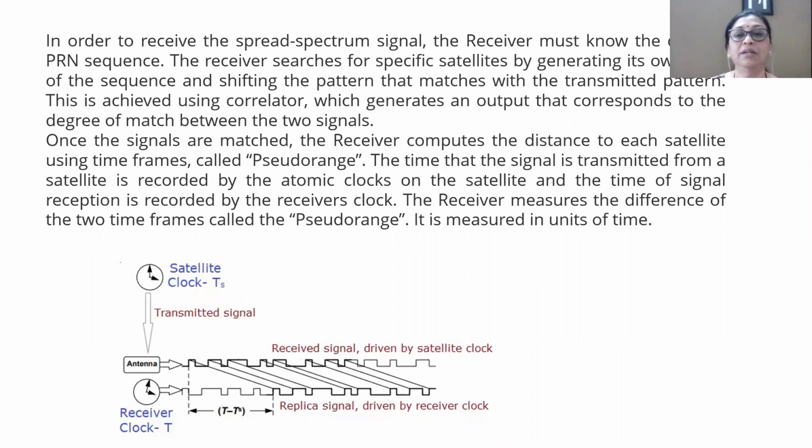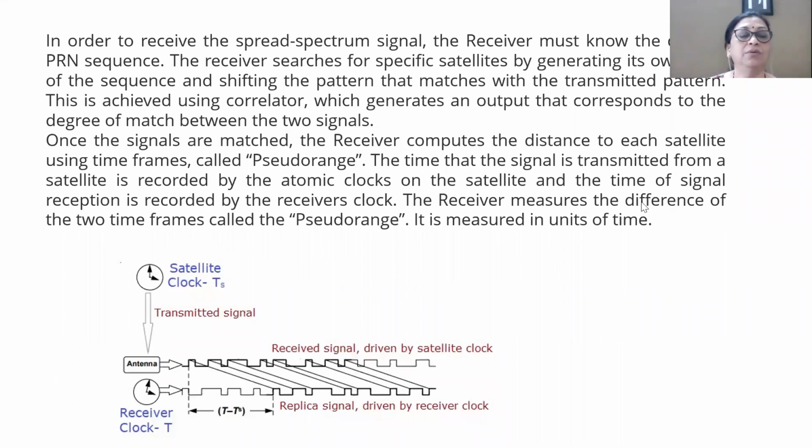Once the signals are matched, with the help of that signal, the computations are performed to find the distance of the point of interest to each satellite.